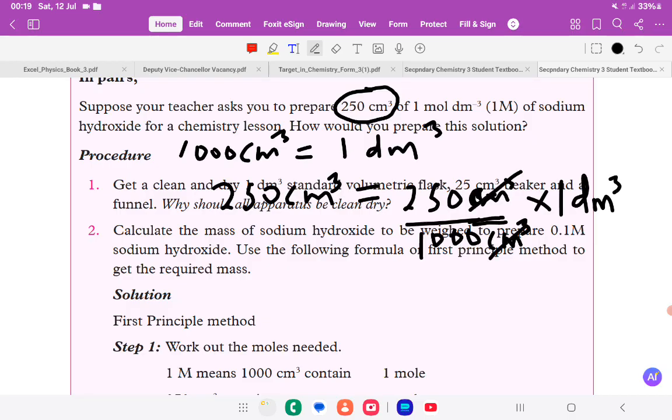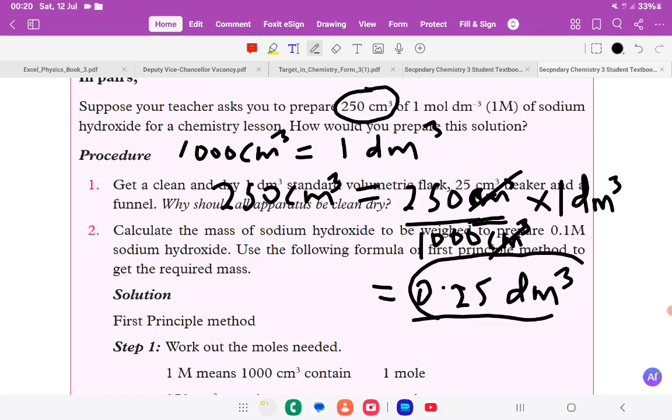So the cubic centimeters will disappear, and 250 divided by 1000 is 0.25 cubic decimeters. So in other words, the question is asking you to prepare this volume of solution while maintaining the concentration of 1 molar.